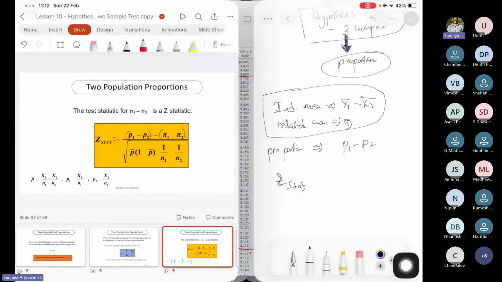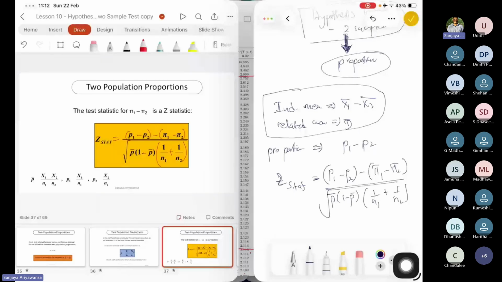Similar to how it was written in the one sample case, only difference is that we are looking at the difference between sample proportions minus the difference between the population proportions, divided by the square root of p bar times 1 minus p bar times 1 over n1 plus 1 over n2.